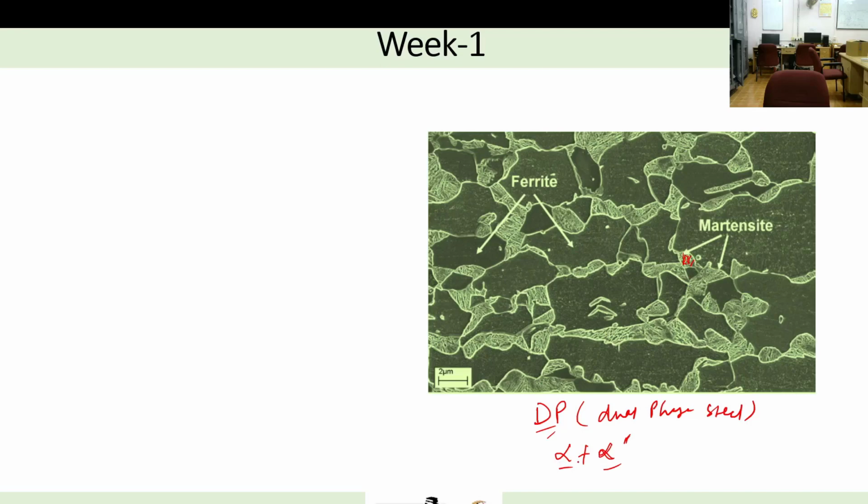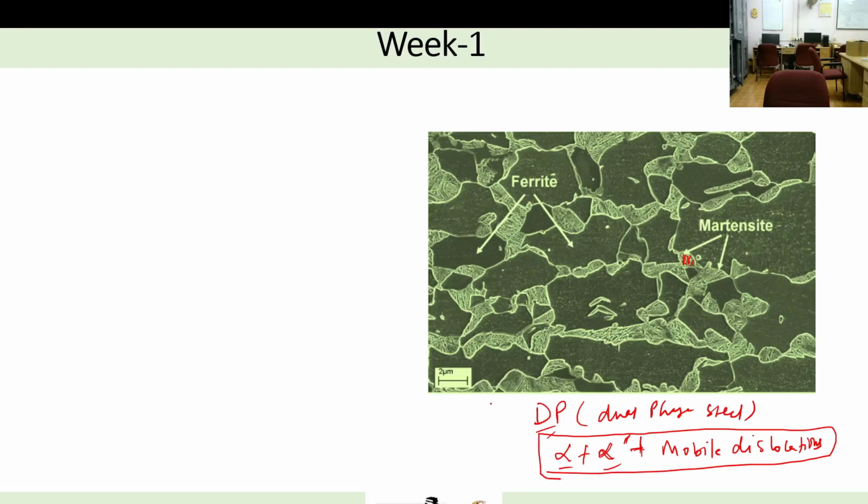Apart from this ferrite and martensite, at the ferrite and martensite interface, which is shown here as white lines, we have a large amount of mobile dislocations, right? From where do these mobile dislocations come?